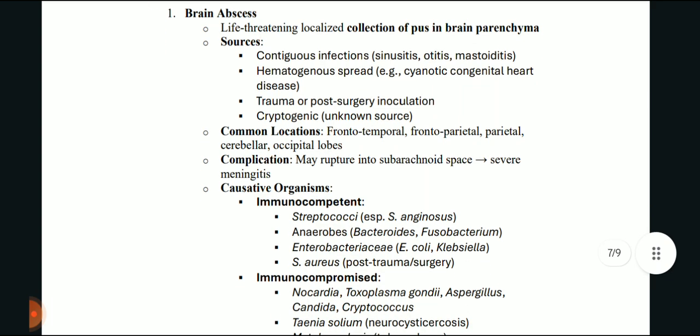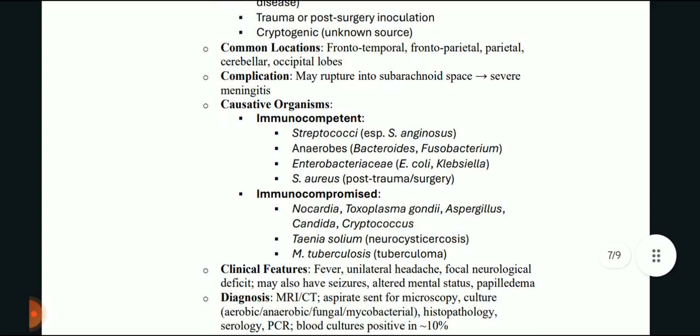Trauma or post-surgery inoculation can lead to brain abscess, and cryptogenic or unknown source can also be there. The common locations are frontotemporal, frontoparietal, parietal, cerebellar, and occipital lobes. A complication is that it may rupture into the subarachnoid space, which can lead to severe meningitis.